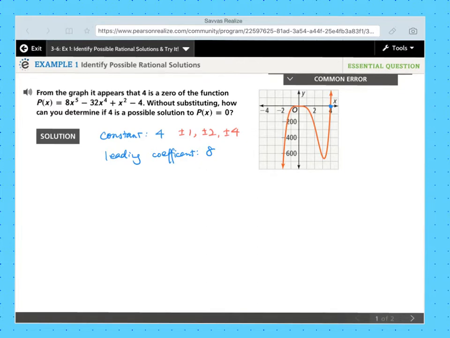And then the rational roots theorem states that the possible rational roots of p of x equals 0 are the following. So here are my possible rational roots of p of x equals 0.